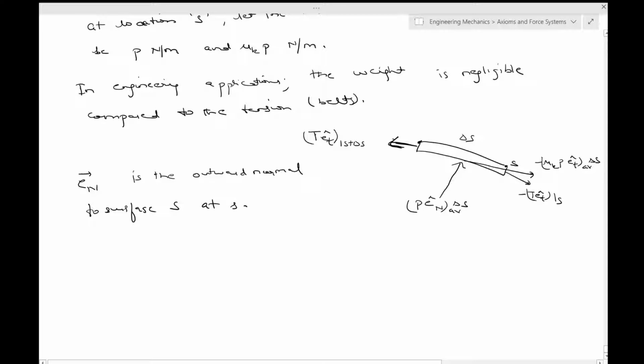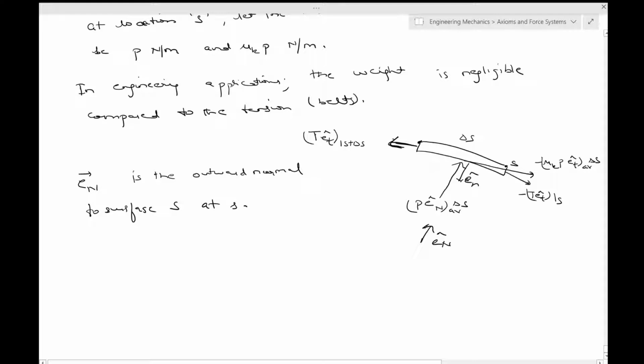Now if you want to write the equation of motion, there is also one more term, which we will perhaps write after this. Over here I will show the coordinate system, e_n and e_t, and this capital e_N is another one, as we have already discussed, on the surface.